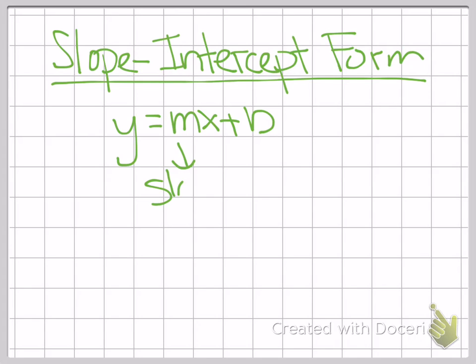Slope. Right. And B stands for? Y. Correct. There's a reason why we call it slope-intercept form, because the slope and the intercept are sitting there. Again, all you have to have to graph, you have to have 2 points. Okay?